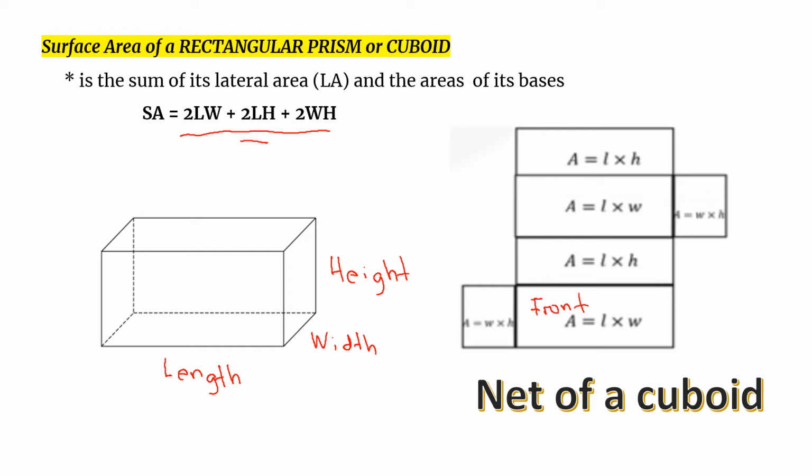Tapos ito yung top part. And then ito naman yung back part, if you notice. And then this will be the bottom part of the box. Now, syempre pa, ito yung left side of a box, and then the other is the right side of a box. So again, ito yung tinatawag nating net, na kapag binuka ang isang rectangular prism or cuboid, ito ang posibleng makita nyo.